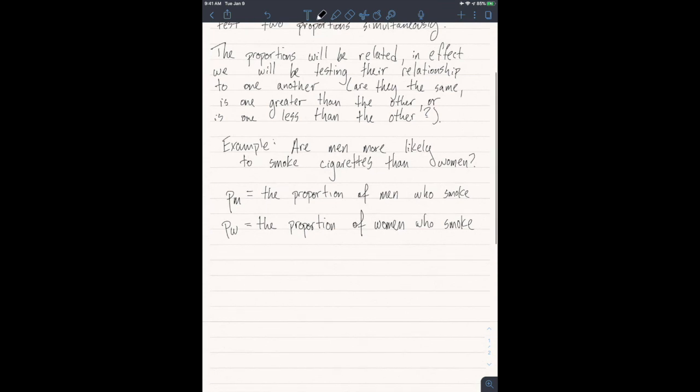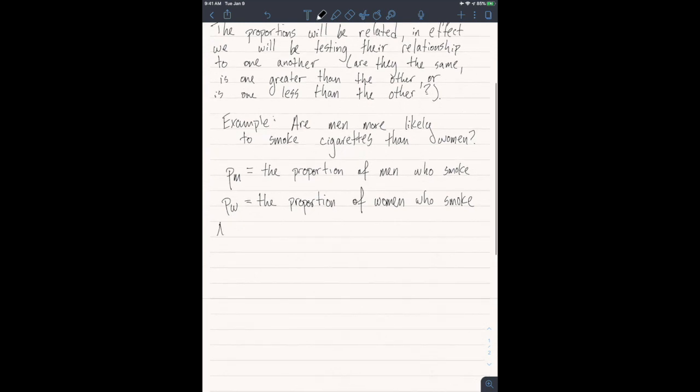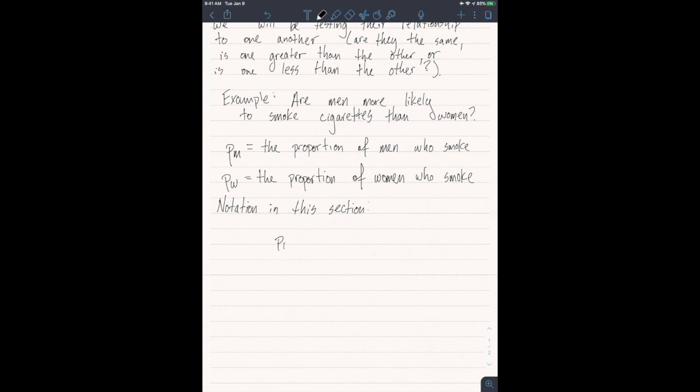There's going to be a lot of notation in this section that you may see. So things like P1 and P2.